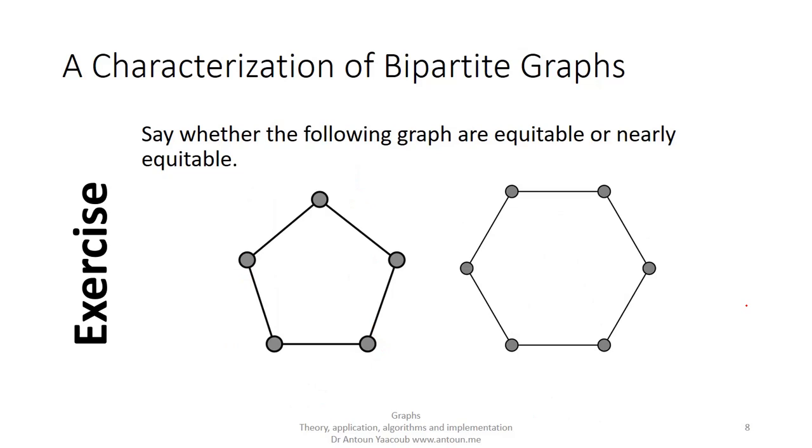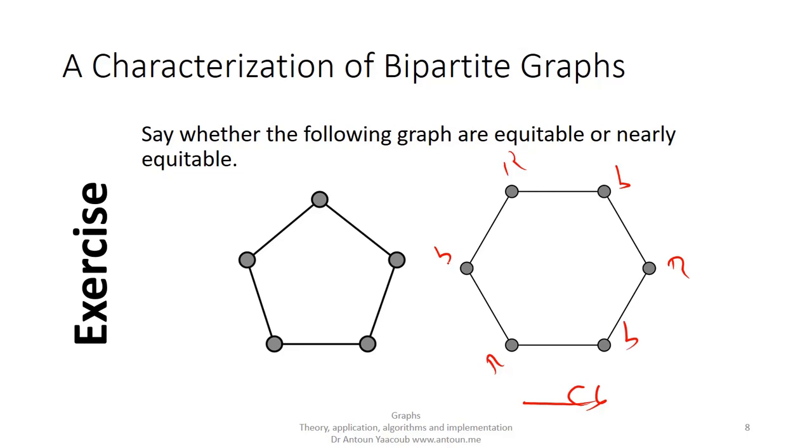Another exercise is for cycles. The analysis of cycles is more interesting. Let's take this one, C6. When n is even, Cn is bipartite: red, blue, red, blue, red, blue. So it's bipartite and equitable.